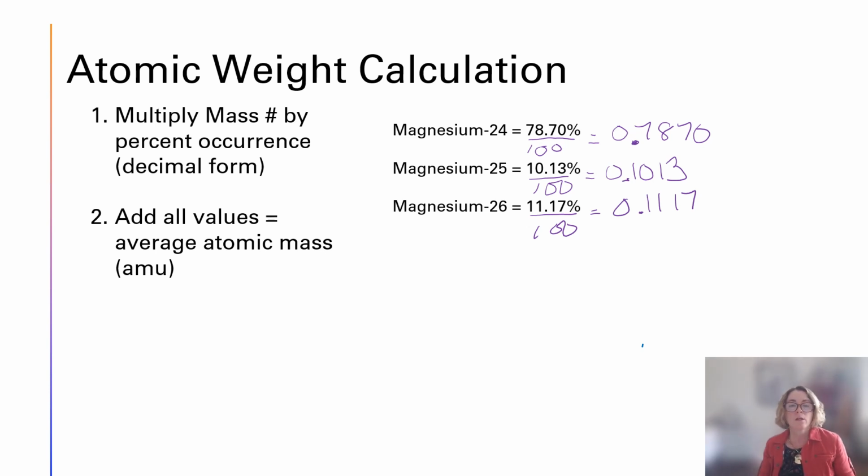Okay, so the next thing, once I have these in terms of decimal form, I'm going to multiply each of my atomic mass values, which are here, by the percent abundance in decimal form. And I'm going to do these each as an individual step.